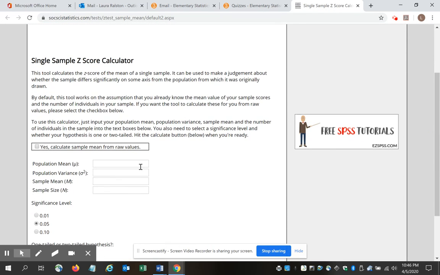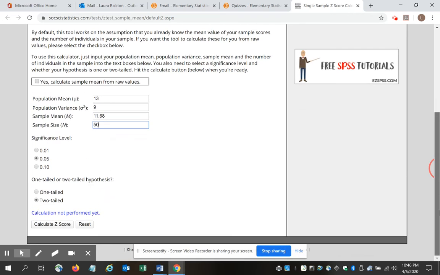Okay, so the population mean, which is in the hypothesis, was 13. You need the population variance, which we calculated to be 9. The sample mean was 11.68. It was given. We had a sample size of 50. It told us to use 0.10, so I need to change my significance level. And it was less than, which is a one-tailed test.